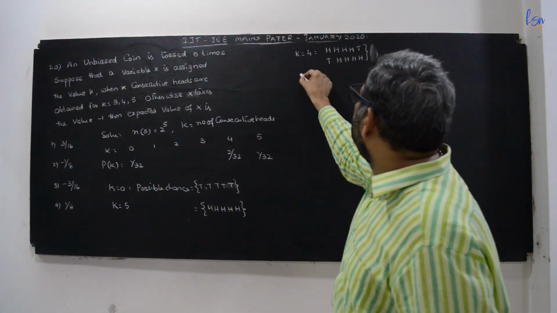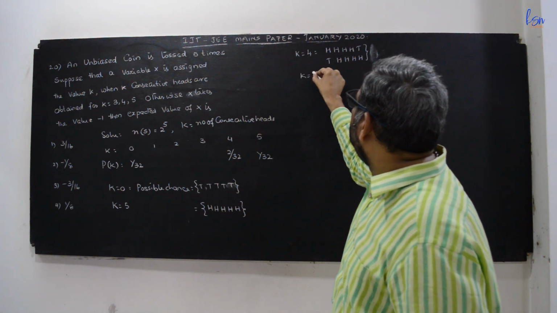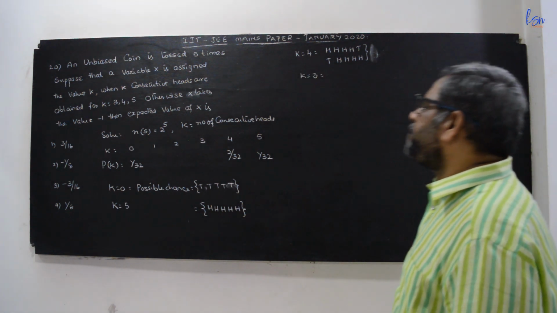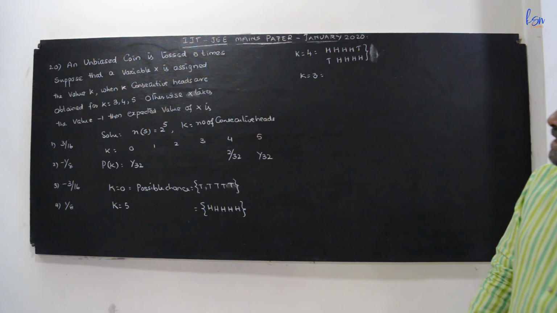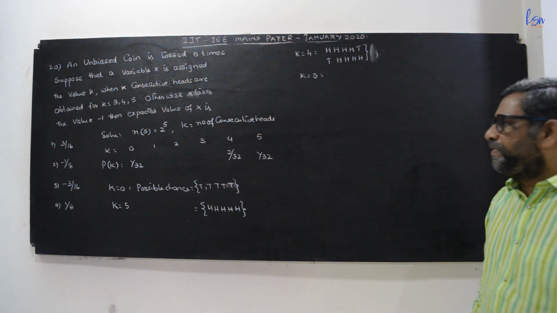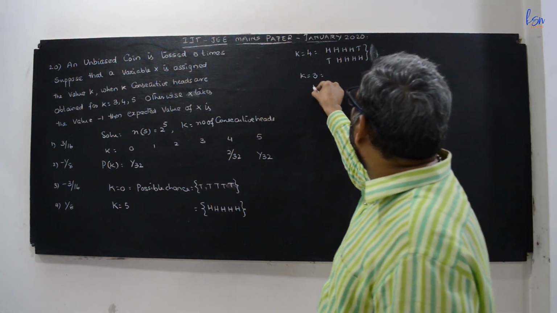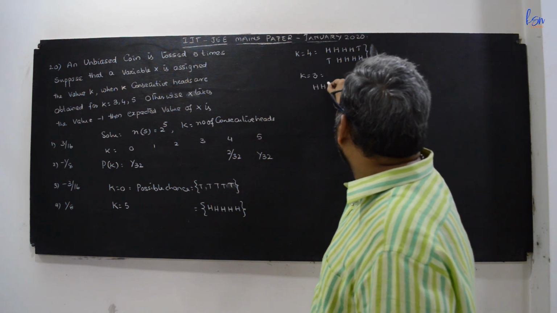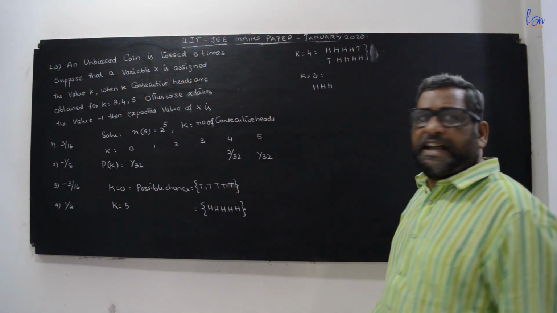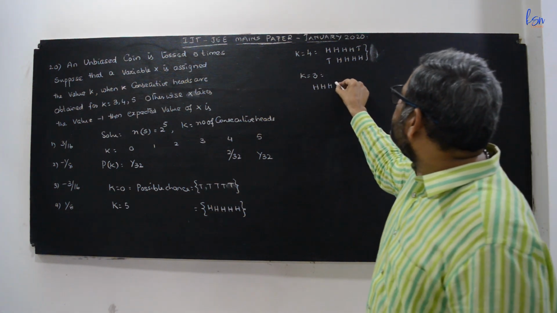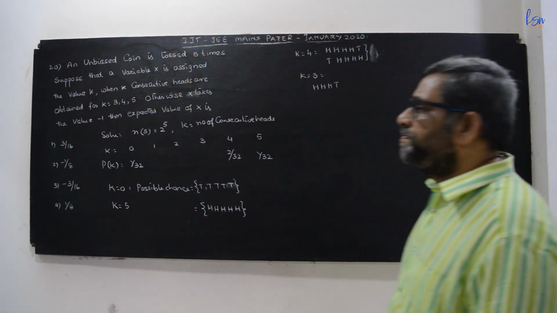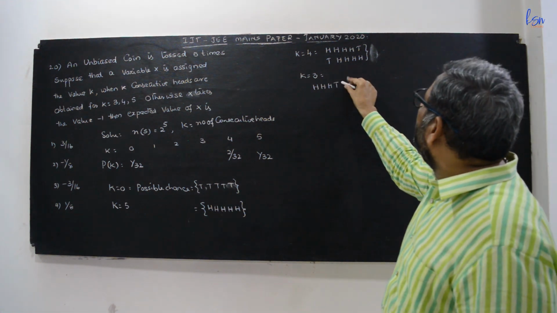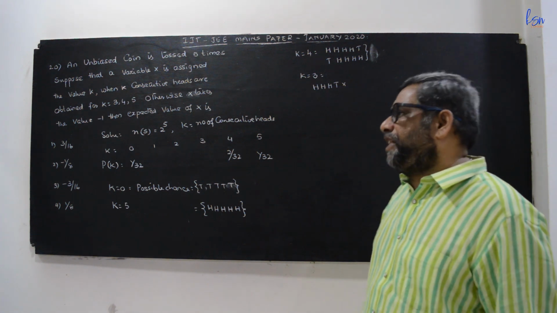For k equal to 3, I must look into the probability that there must be 3 consecutive heads. If I consider 3 heads at the start, the 4th option must be tail. So here it can be anything, either tail or head.